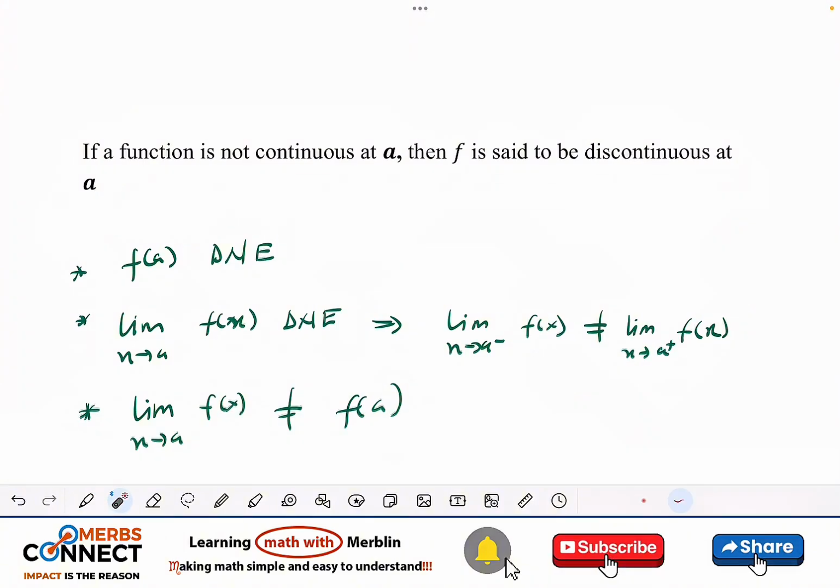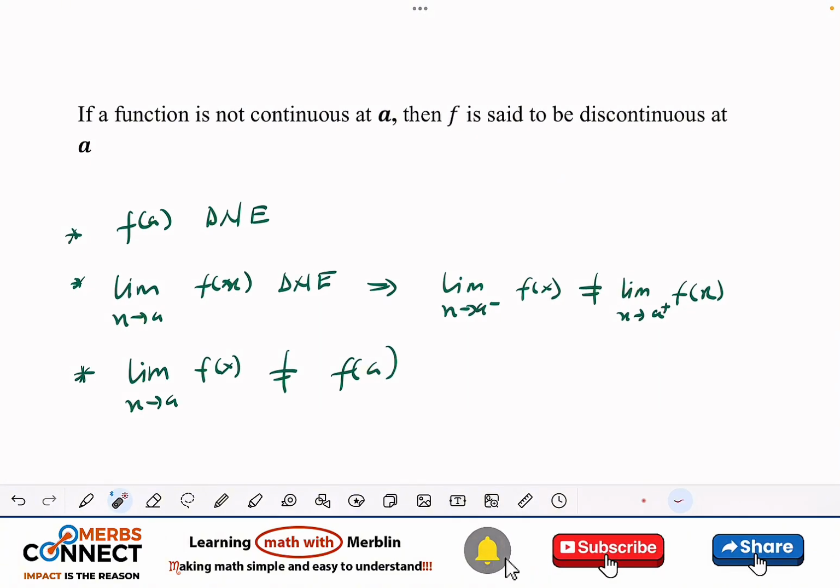So when you are talking about discontinuity, this is how it's supposed to be. If any one of these is not true, then it is not continuous. So let's assume that I start and I just plug it in, and this is giving me nothing, like it does not exist. Then I can conclude that f is discontinuous. But let's assume that this is right, and I come here and this also does not exist.